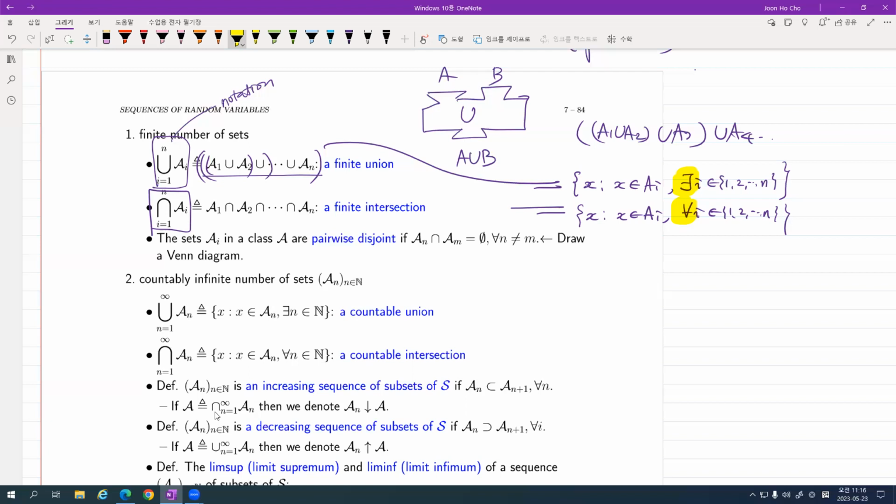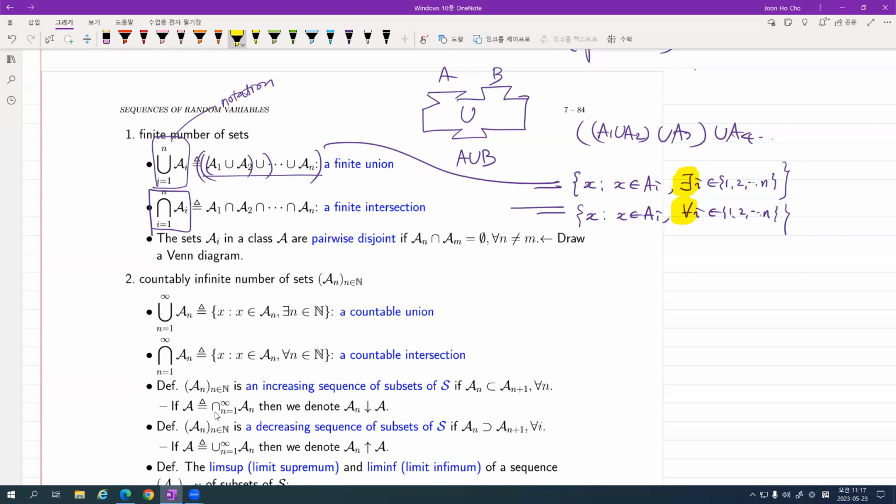So here, this finite set is replaced by the countably infinite set. So here, suppose you have a sequence of events or sequence of subsets A1 to A infinity. Actually, there is no infinity, A1, A2, dot, dot, dot.